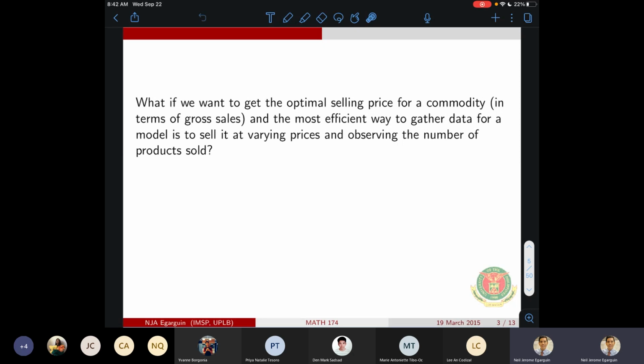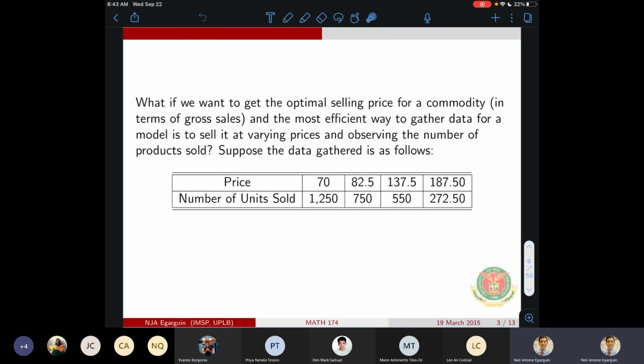Pero kung isa ka ng businessman, pag-graduate mo sa university, tatanungin ka ng boss mo, ano yung optimal selling price for our commodity? Pero ang bibigay niya sa yo na data ay something like this. Say, when you sell the product at 70 pesos, you're gonna be able to sell 1,250 units. If you sell it at 82 pesos and 50 cents, you'll be able to sell 750 units and so on.